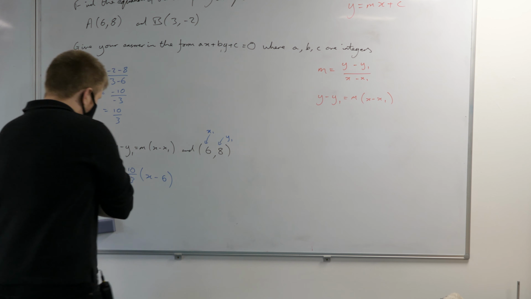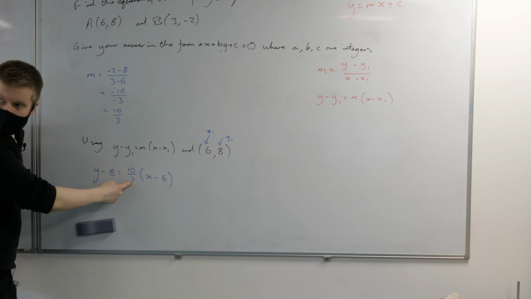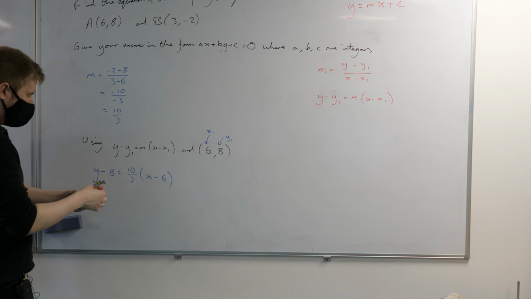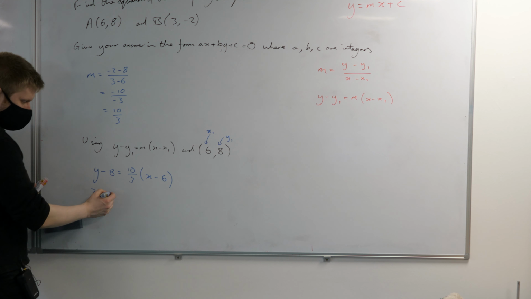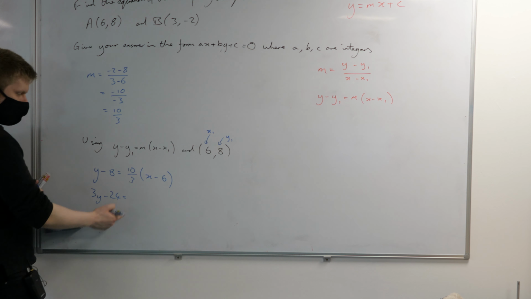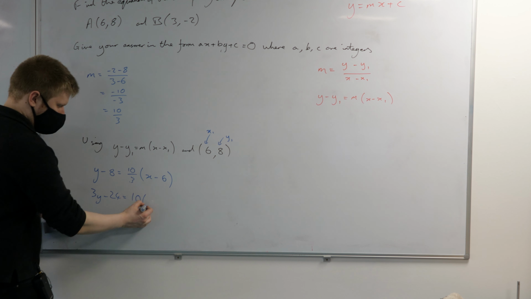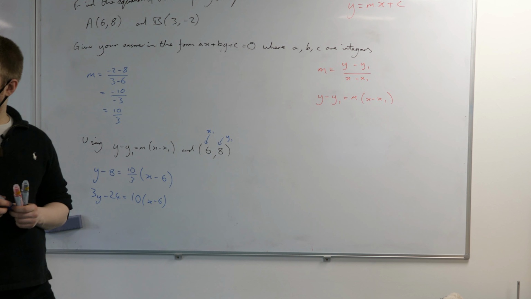Because now I'm looking for integers, I'm going to multiply everything by 3. That's the non-integer bit in here. So if I multiply everything by 3, on the left-hand side I'm going to get 3y, take away 24, because I've multiplied that by 3. On the right-hand side, I've got 10/3 times something, that's just going to be 10 times that thing.